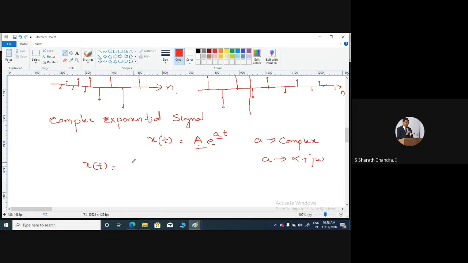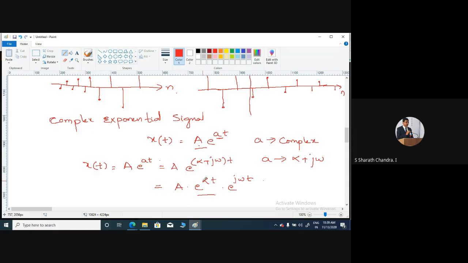x of t is equal to A into e power at, and therefore this could be seen as e power alpha plus j omega into t. Where this can be written as A into e power alpha t into e power j omega t, where this exponential represents a real exponential, where this represents a complex exponential.